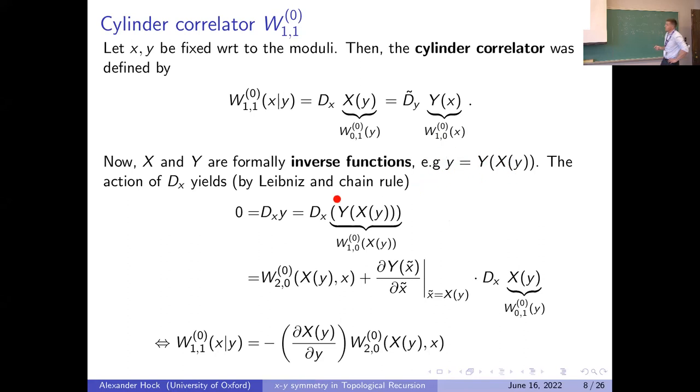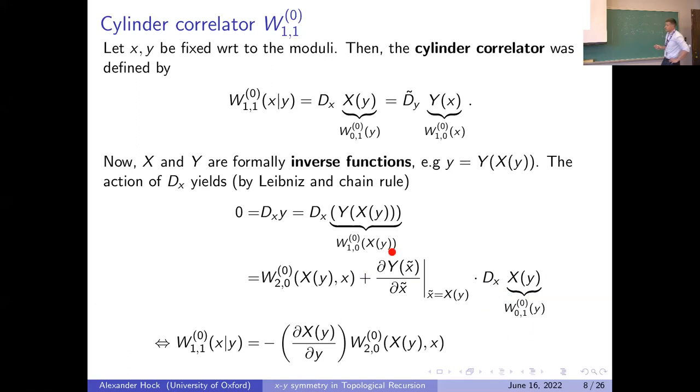So on the left-hand side, if you act with dx on the left-hand side, it's just 0. And then you compute on the right-hand side the action, which is the action on the capital Y, gives you this term. Or you have to take the derivative of y with respect to its argument times this operator on capital X of y, which gives you W001.